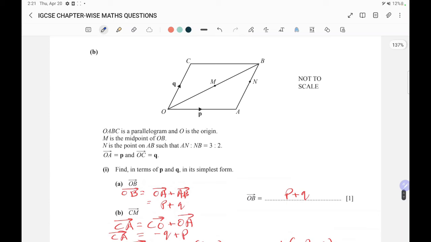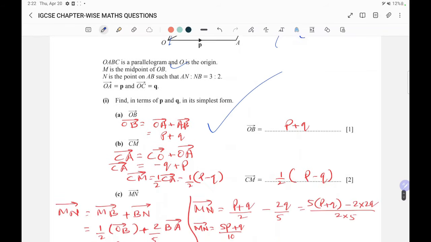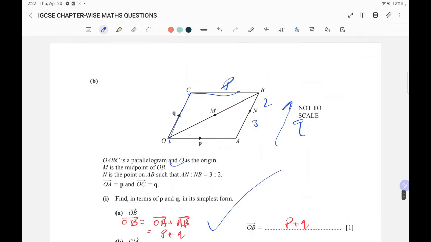Now the next part: OA vector is P, OC is Q, and M is the midpoint, and the ratio AN to NB is 3:2. Find OB. Where is OB? This is P and this is Q, so we can write P plus Q. Now CM.